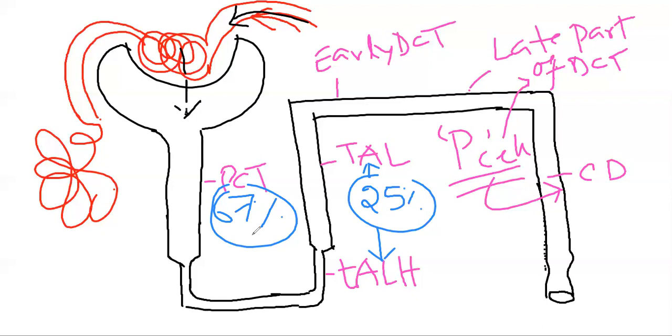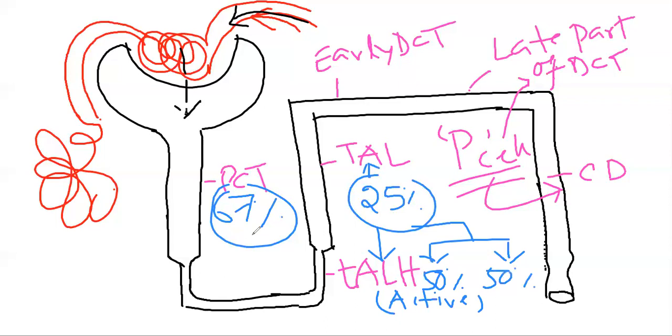In the thick ascending limb of the loop of Henle, 50% of this 25% will be reabsorbed by an active process. The thin ascending limb of the loop of Henle is responsible for the rest of the 50% of this 25%, and this is conducted in a passive way.